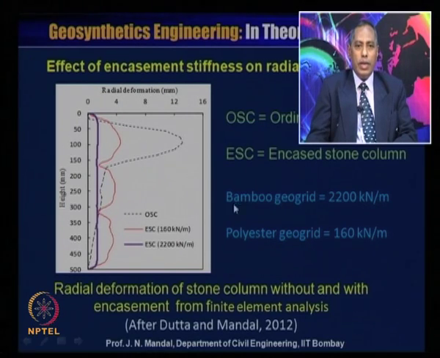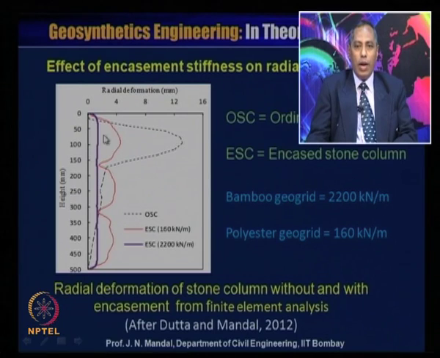You can see that in case of the ordinary stone column, the deformation is much higher with respect to the encased stone column. The encased stone column also depends upon the tensile strength of the encasement or reinforcement material.